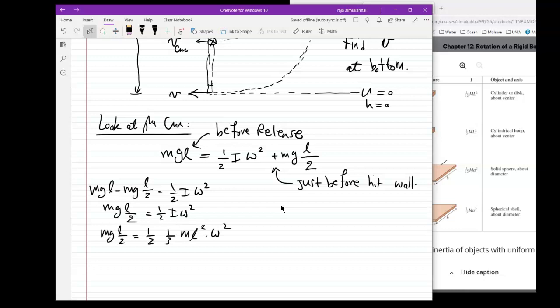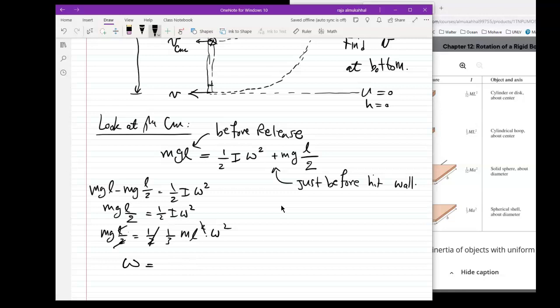Okay, so I can do some algebra now. The half cancels out, and one of the L's cancels out, and I keep working on it. Sorry, let me do it again.